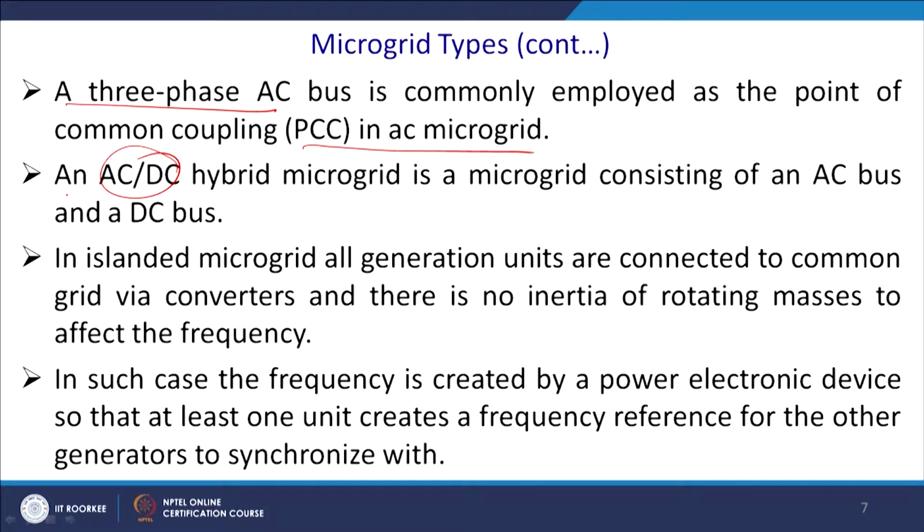AC/DC hybrid microgrid is a microgrid consisting of an AC bus and a DC bus. In islanding microgrid, all the generation units are connected to a common grid via converters, and there is no inertia of rotating masses to affect the frequency. This is one of the very big disadvantages.